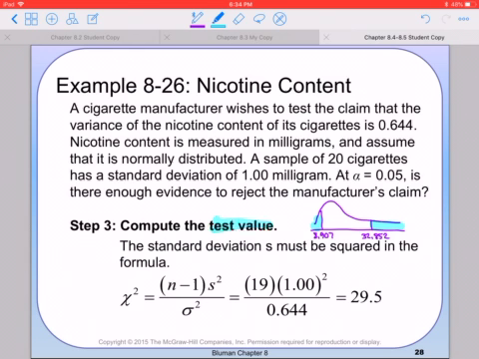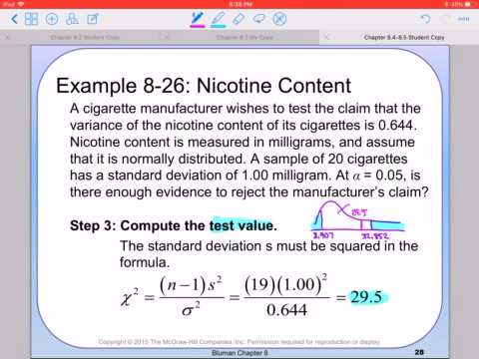So we have n minus 1 is 19. Our sample variance is 1. Our population variance is 0.644. And our number that we get is 29.5. So we see that 29.5 is just to the left of our other value.